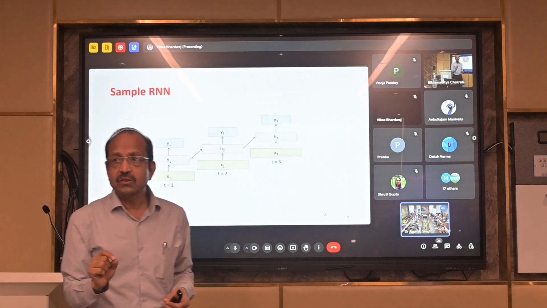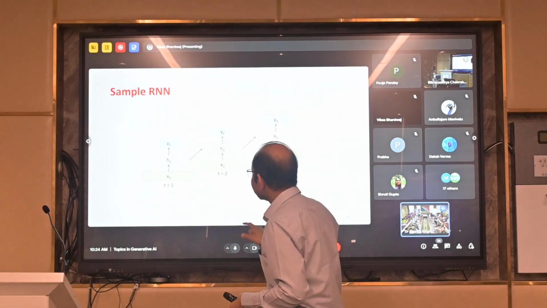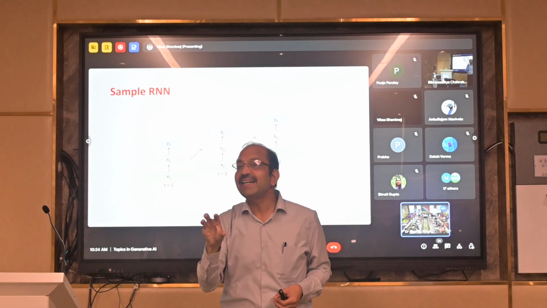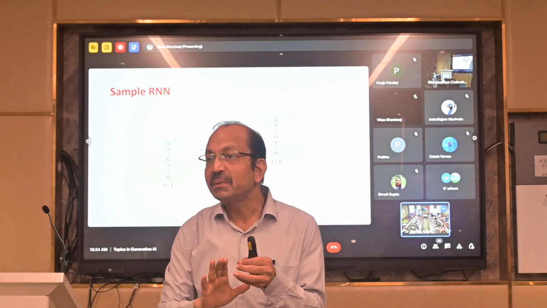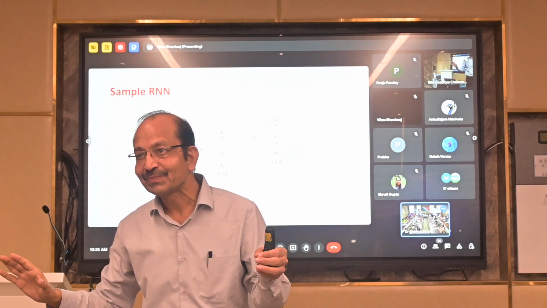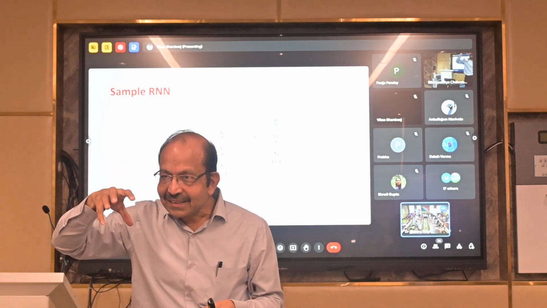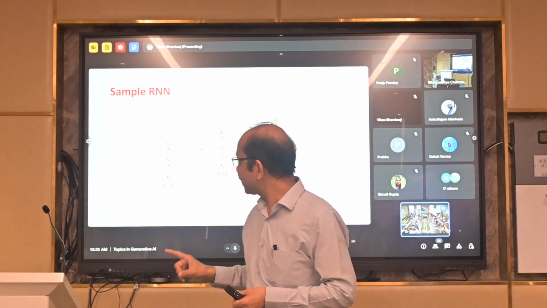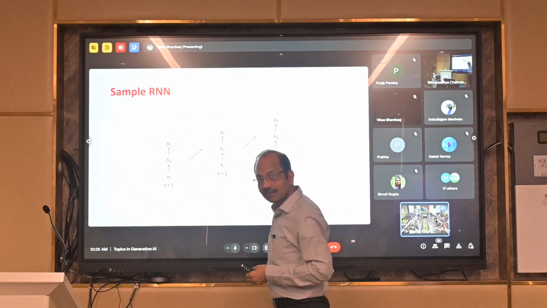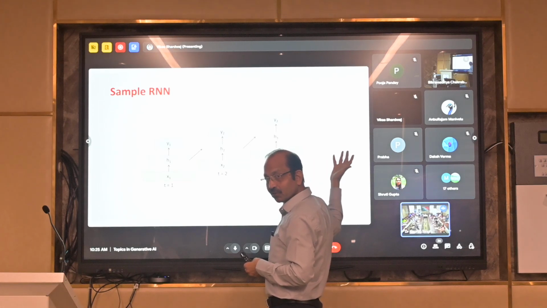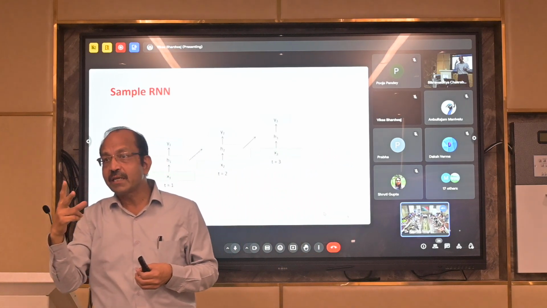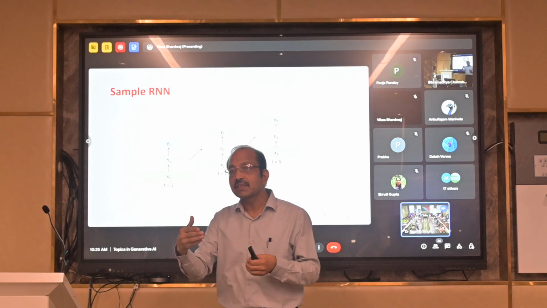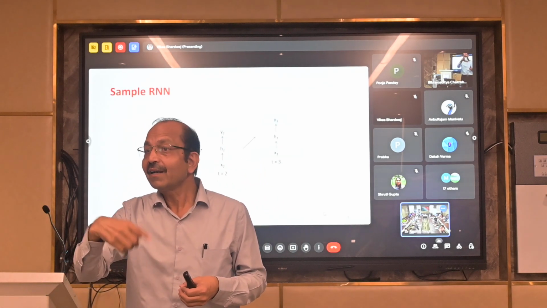But in this important architecture, you have to remember this module H has weights which are the same. They are shared across the whole architecture. This module will have certain weights which will be the same across the whole network. It is going to simply unfold, but it is going to consider two inputs. One will be your input, and another is the state of the last input.